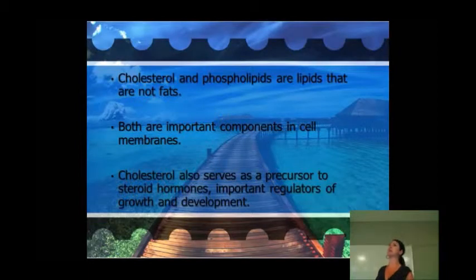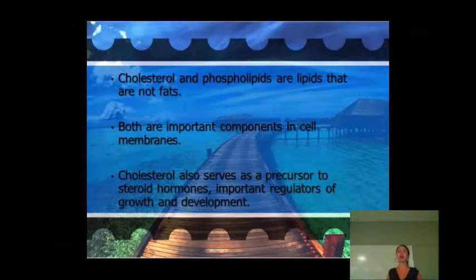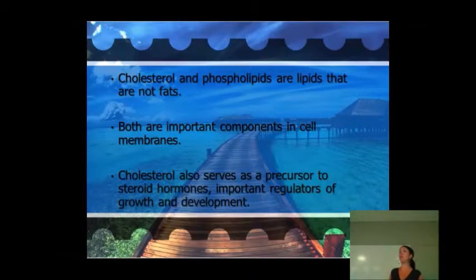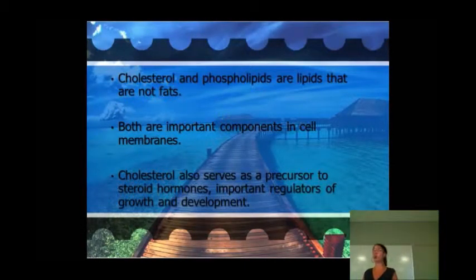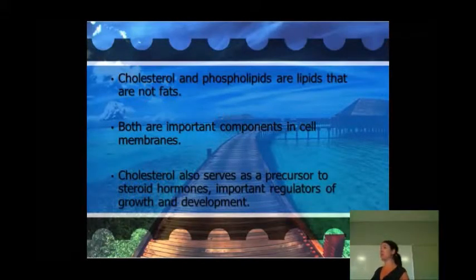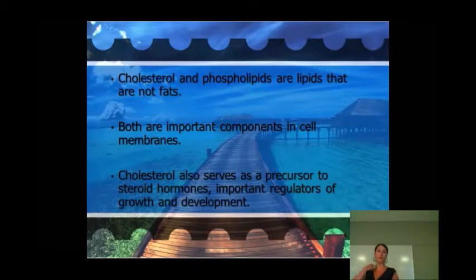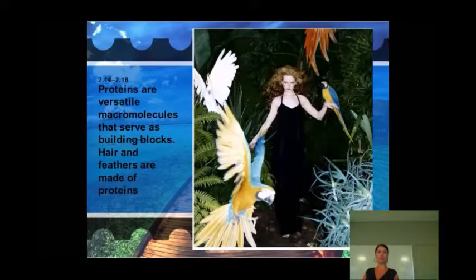So even though we tend to think of lipids as fats like margarine or oils or olive oil or things that we eat in our diet, they are also important components of our cell membranes, and if you don't have them, you won't be able to produce the hormones that you have in your body, the steroid hormones that regulate growth and development. Bless you.